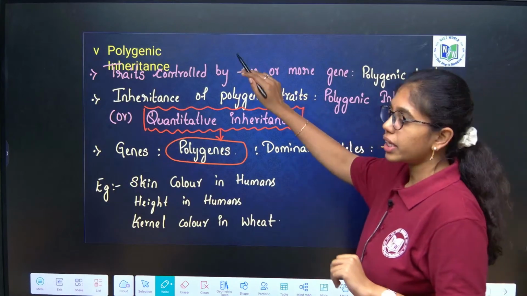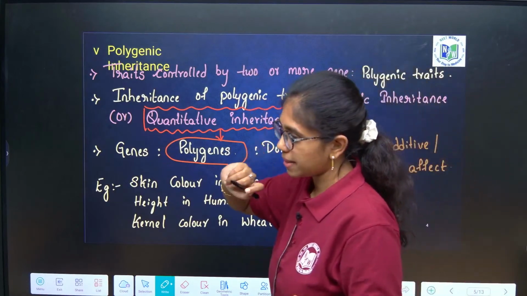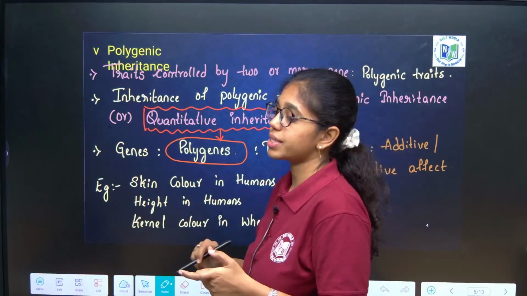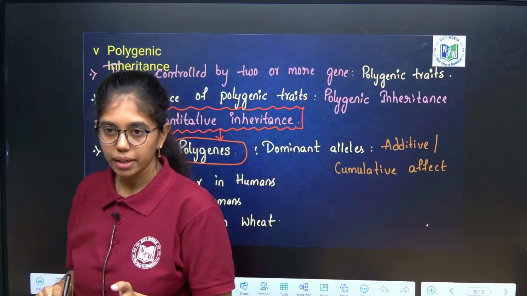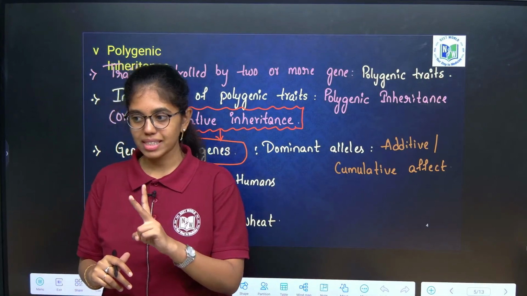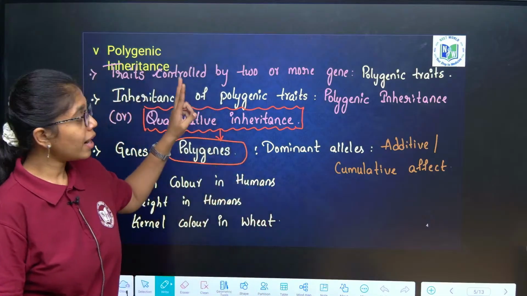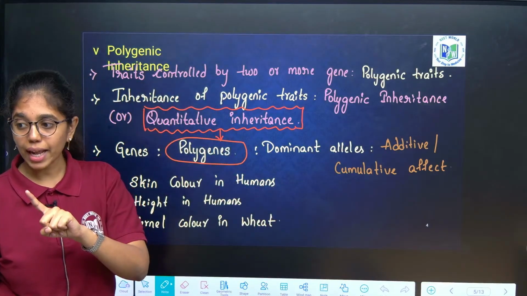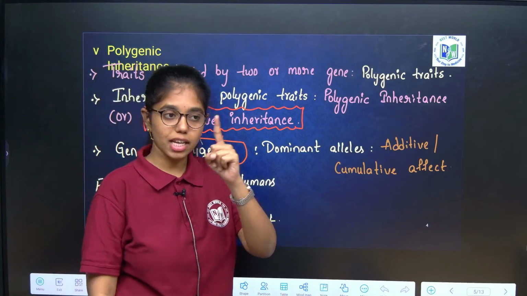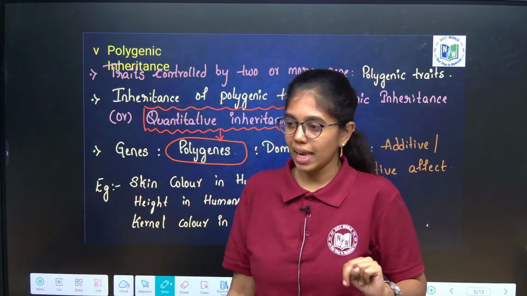But polygenic inheritance is again an exception to Mendel's laws of inheritance. How is it an exception? According to Mendel, one gene is having 2 alternative forms, yes or no? And one gene is coding for one character or trait. According to the pea plant, because it has tall and short, that is what Mendel has considered.